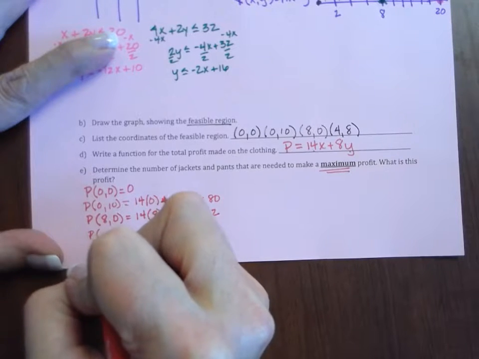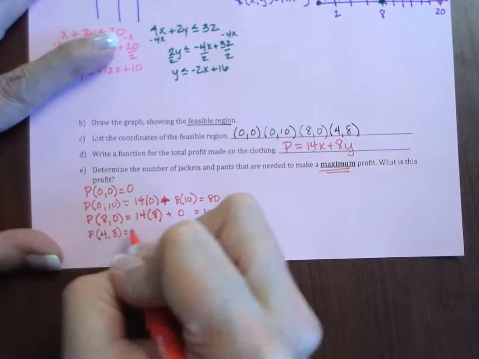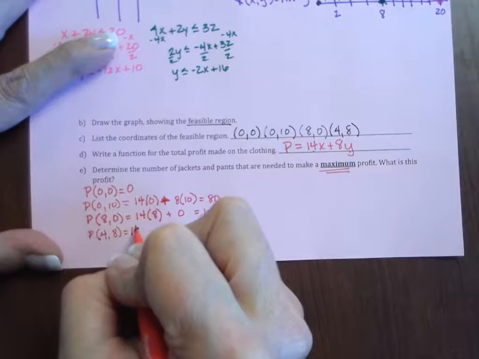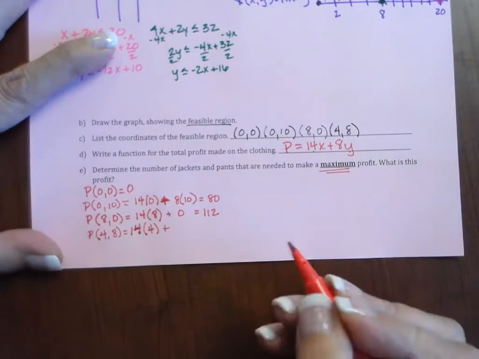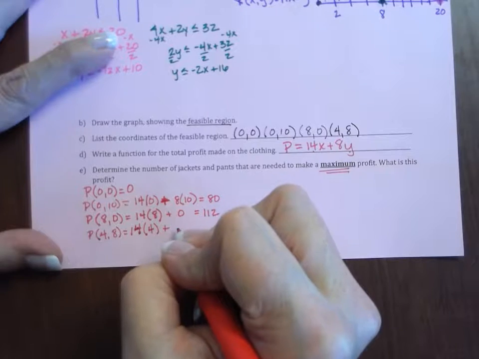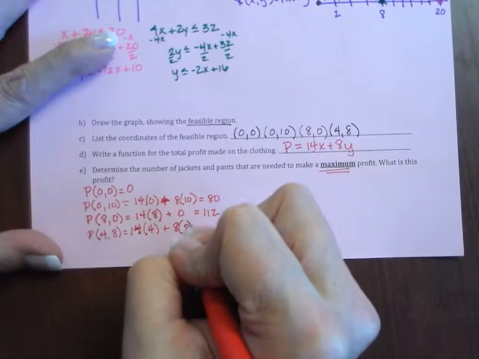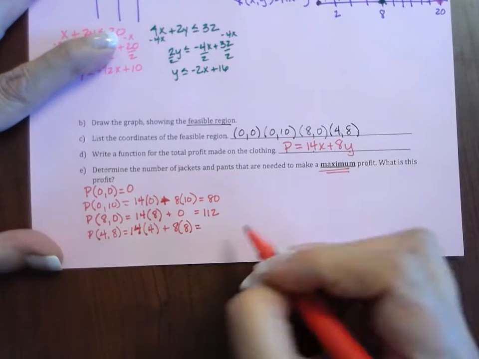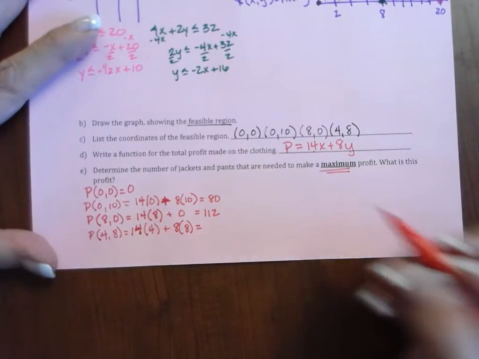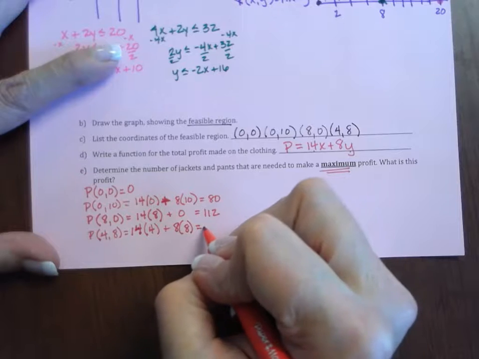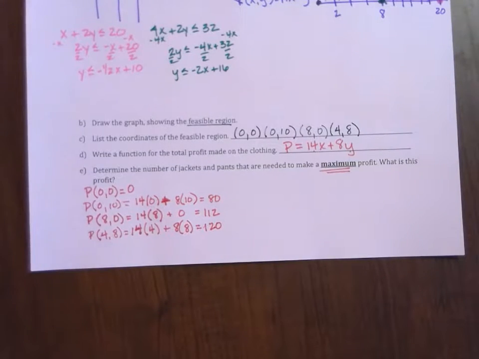And if I do the profit for 4 and 8, I get 14 times 4 plus 8 times 8. And if I plug and chug that in the calculator, that's going to give me 120. Okay.